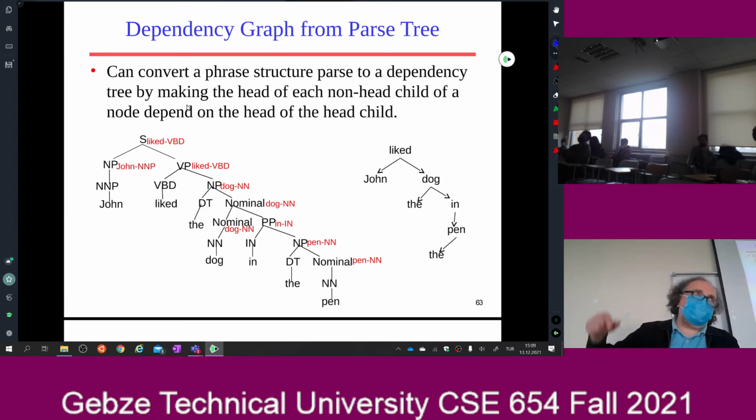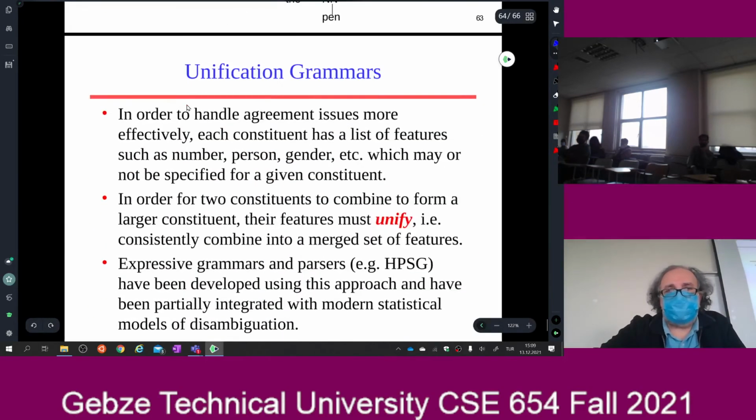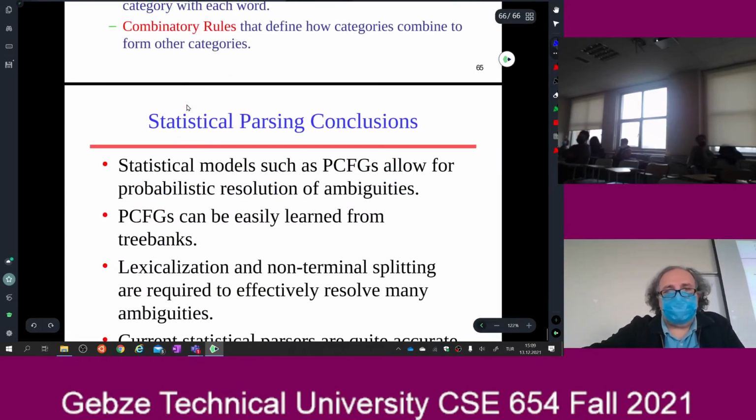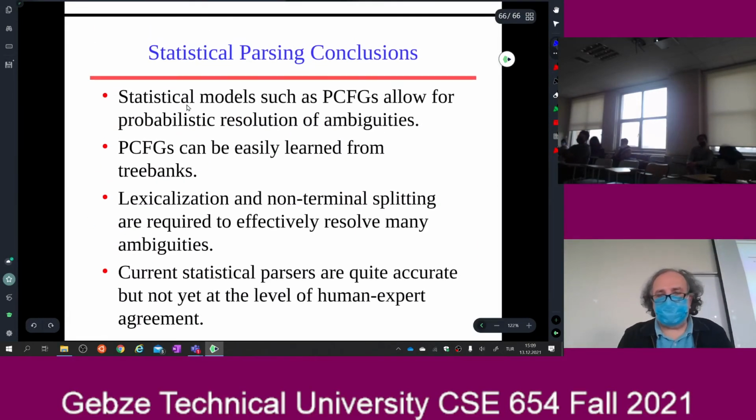We are going to mark the verb, mark the subject of it, and mark the object of it, and that's it. We don't care about the word ordering. So for languages like Turkish, this dependency graph is a more useful way of doing the parsing. Okay, so let's talk more about this dependency parsing.